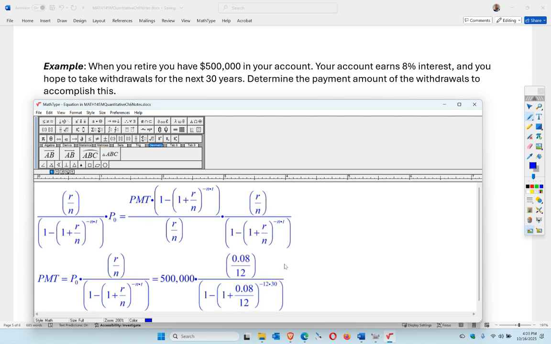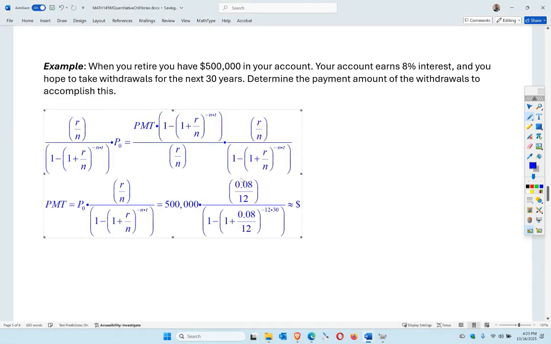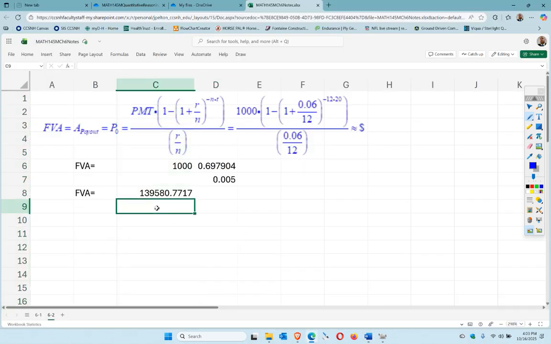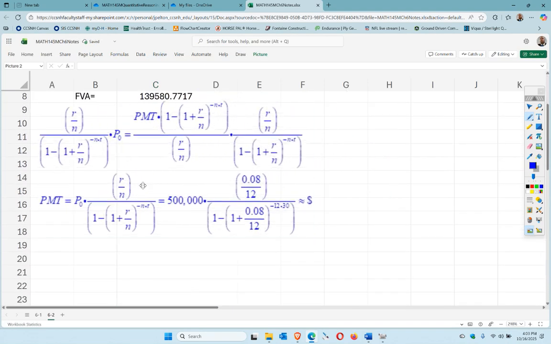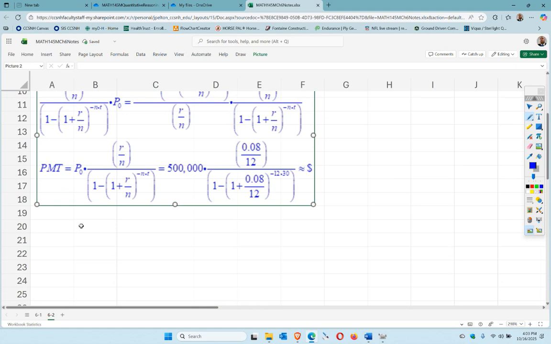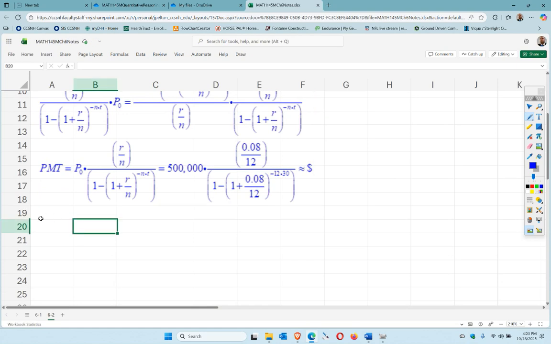Okay, and these never work out perfectly. So we're going to do a little approximation. Okay, we'll copy this to the spreadsheet. Move that over. Okay, so we'll put payment right here. Payment equals, right?